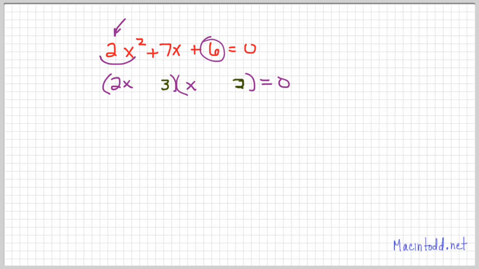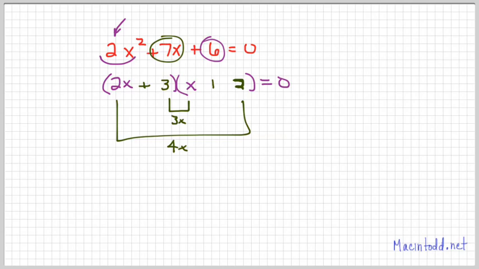When I put the 3 and 2 in exactly those locations, the outside product here is 4x. The inside product here is 3x. Those will add to give you the middle term if they're both positive. And so there's the factorization. And now I can use the zero product property.